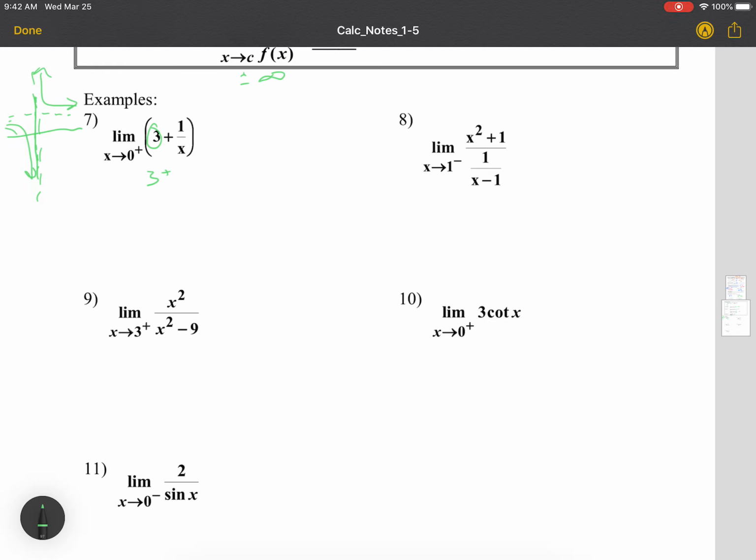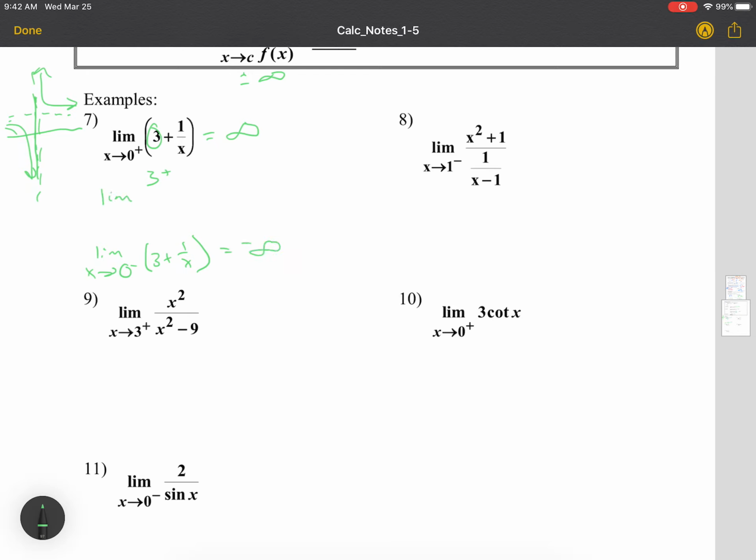But we know that because if we look at it from the positive side, it's going up towards infinity. If we look at it going from the negative side, 3 plus 1 over x, it's the same thing. It's actually going down to negative infinity.